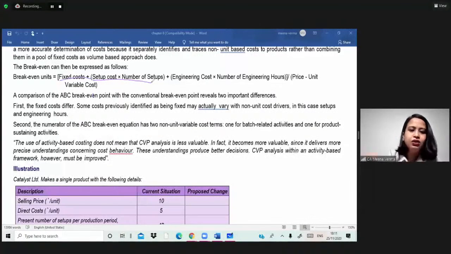Like out of this fixed cost, this is the setup cost and it will vary with the number of setups, or these are the engineering costs which will vary with the number of engineering hours. So in this way, you will bifurcate as much as possible, you will bifurcate these fixed costs on the basis of some cost driver.